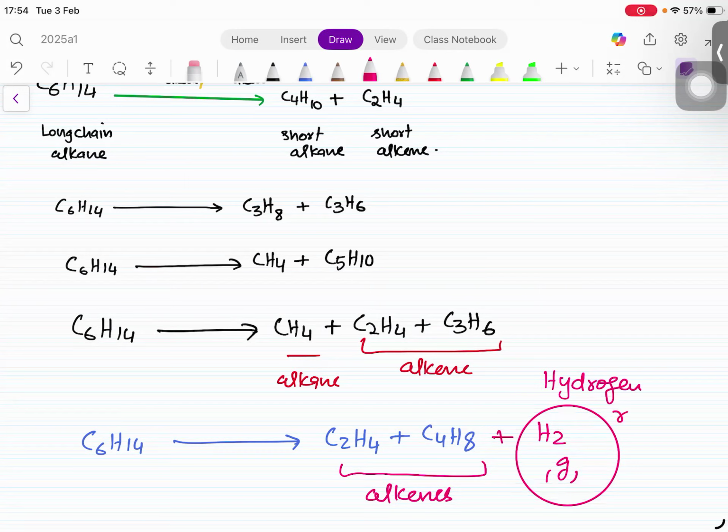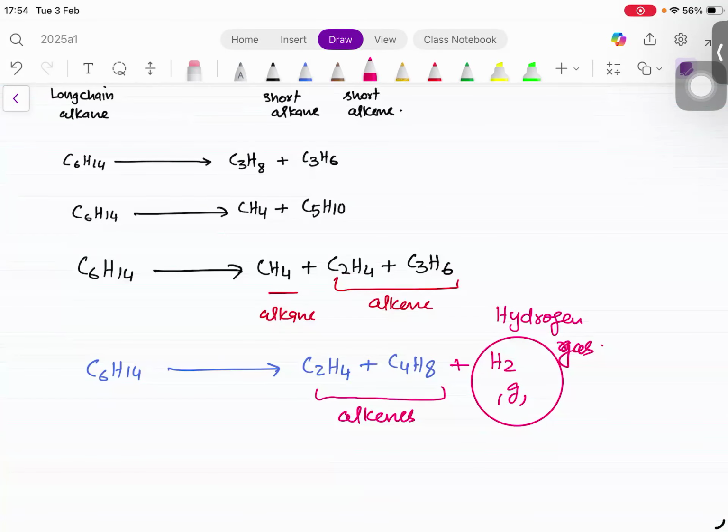If you remember, in the Haber process, we learned this. All the hydrogen which is produced in the Haber process comes from the cracking of it. So the hydrogen that is made here we don't throw away, we sell it to the Haber process people, right? The one who is making ammonia in his factory definitely needs the hydrogen gas, so that's why we can sell it to them.